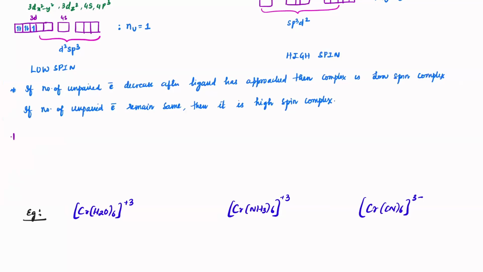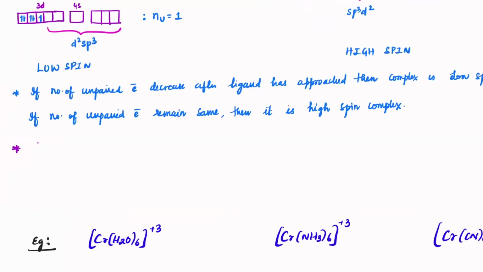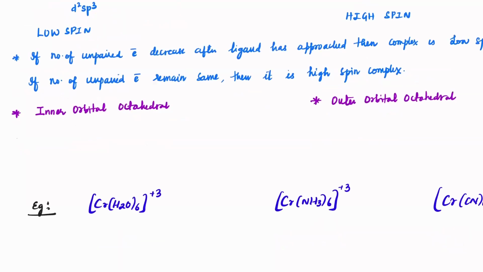What we are getting here is an inner orbital octahedral complex. While here, in this case, it is an outer orbital complex, because it is using the outer d orbitals, the 4d orbital. An outer d octahedral complex.